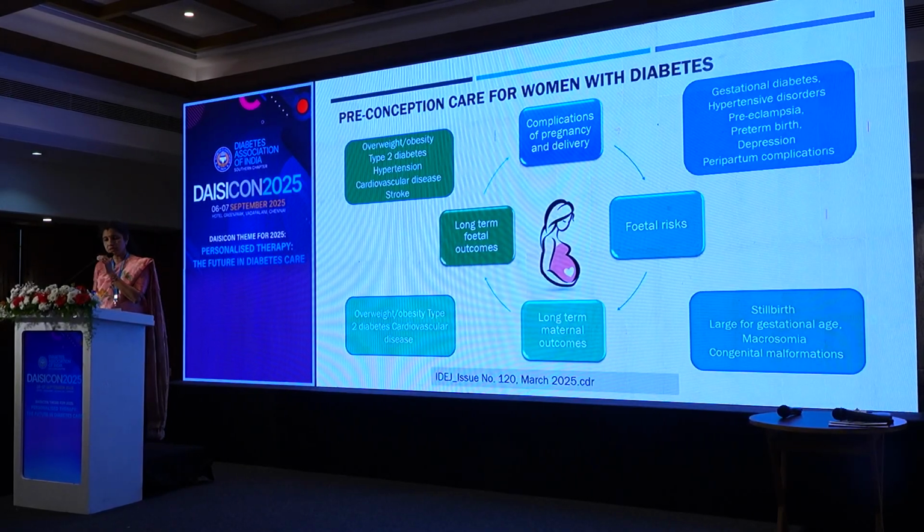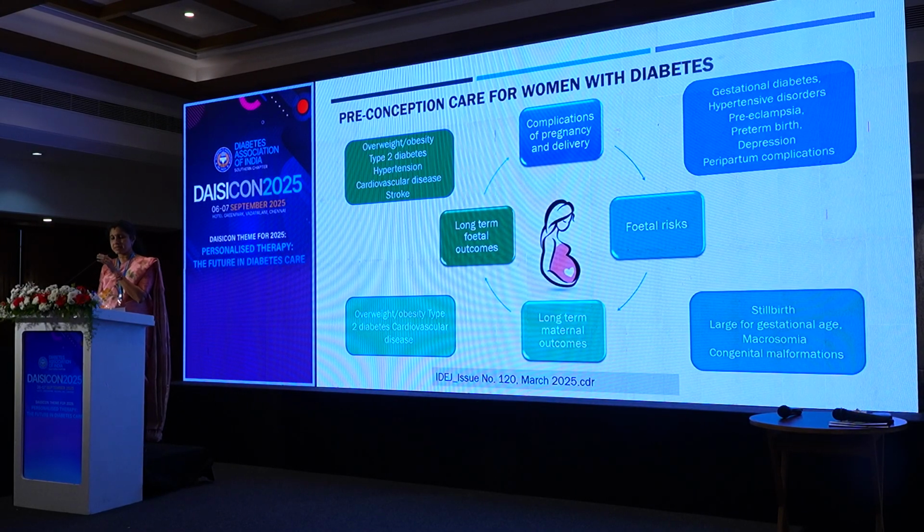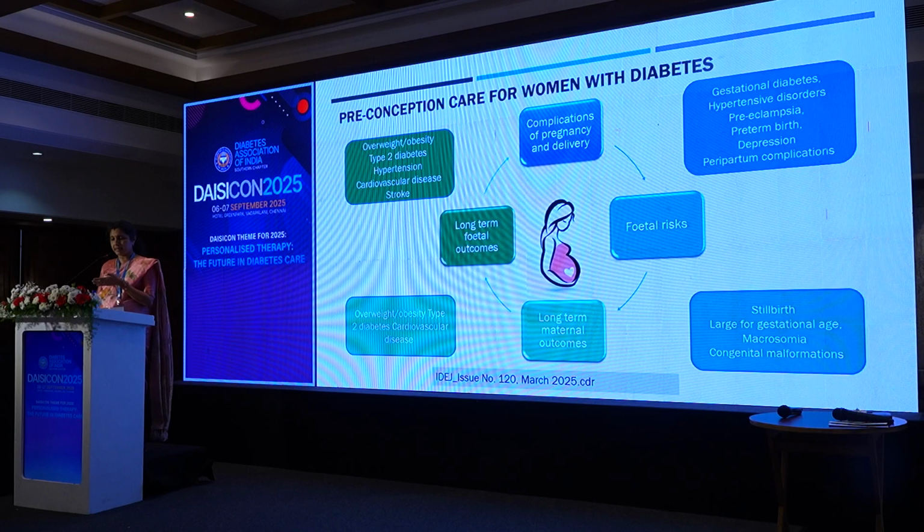So why do we need to care for women during preconception, say a type 1 diabetic getting pregnant? We all know the long-term fetal risks and the maternal outcomes. Maternal outcomes: they are more prone, say she's diagnosed with GDM or she's a diabetic getting pregnant, the cardiovascular events are more, the stroke incidence is more, and also they get into overweight and obesity.